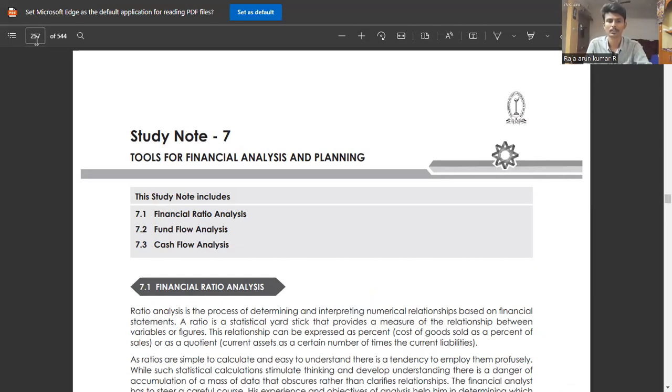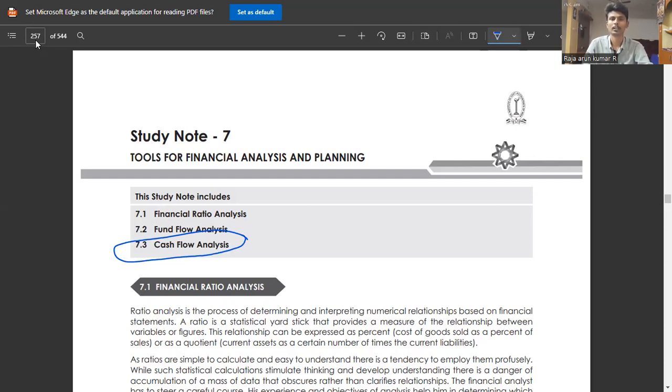We start with that. Before we see the study note, I want to tell some important topics. Understand all those topics, and then go with the book, sums and formats.